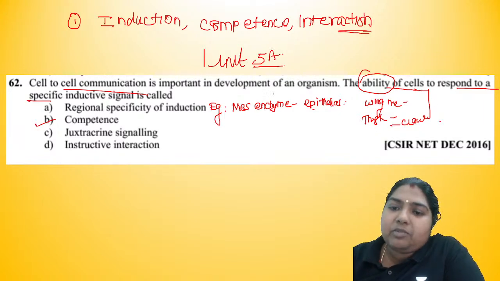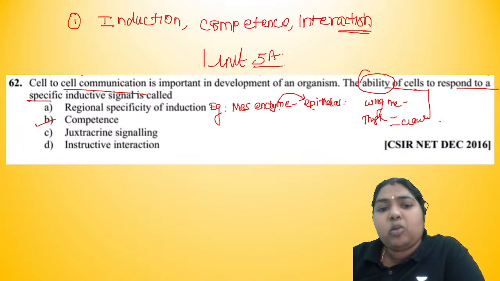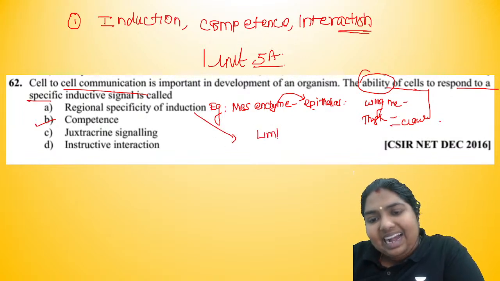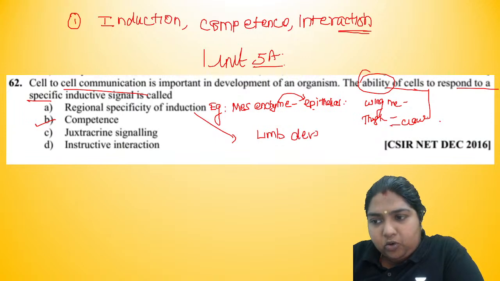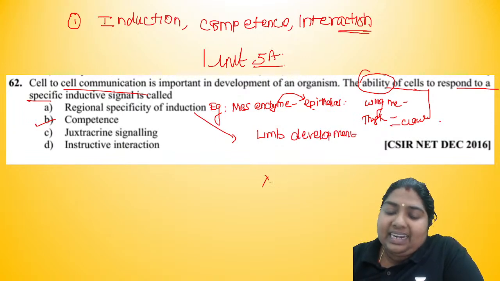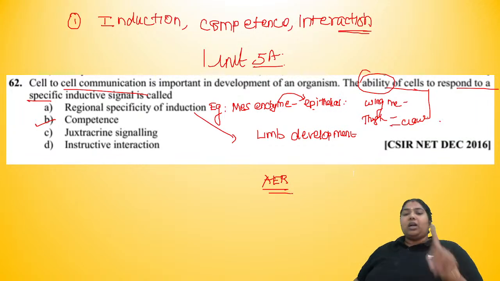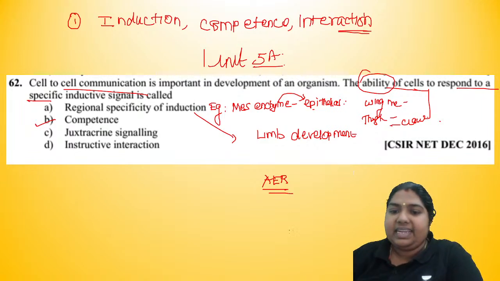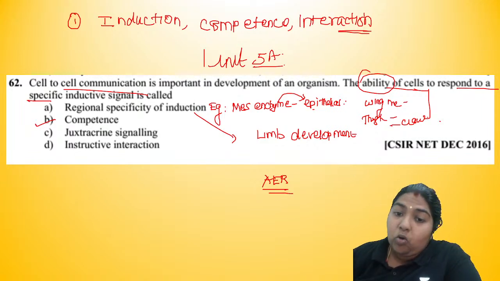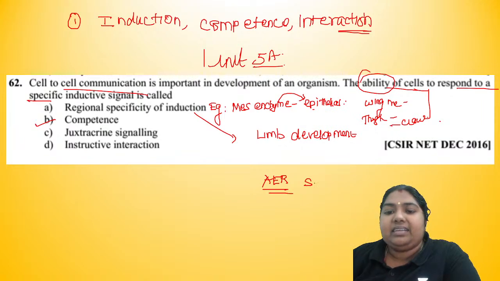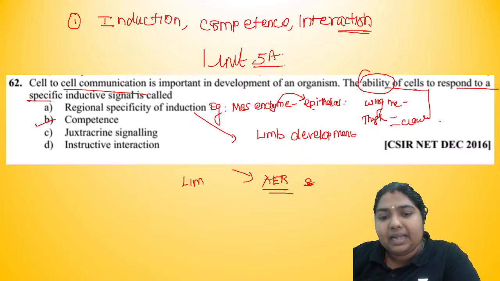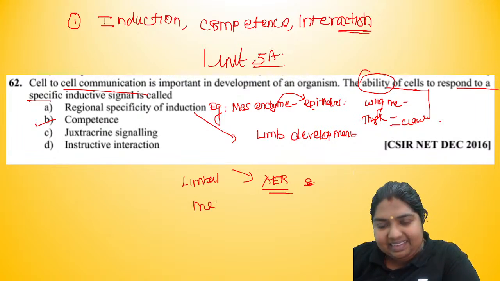So this mesenchyme is only going to dictate. One more position, this was reproved. Do you remember with these limbs? Under limb development also, we studied the same concept. If I put under this AER, the AER is not at all going to specify the limb. AER will help, but the specification is only going to be by the limb mesenchymal cells, isn't it?